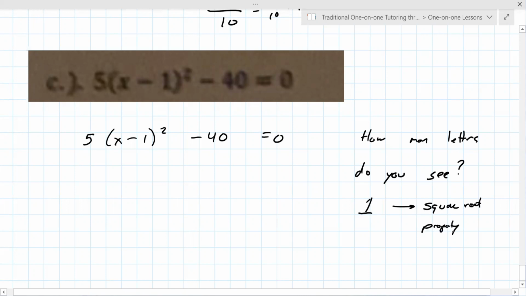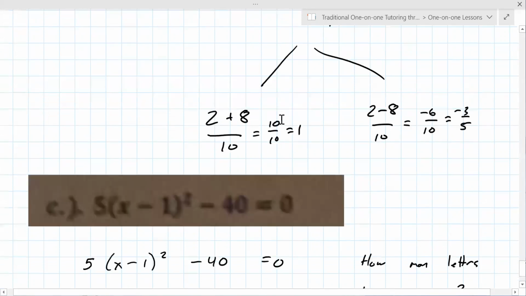This would not be guess and check because it's 5 and then parentheses. It's because there's only one letter. How many letters do you see in x squared plus 7x plus 3? 2, right?